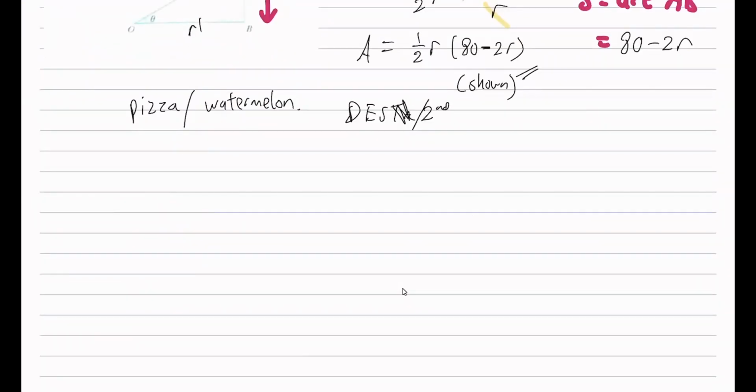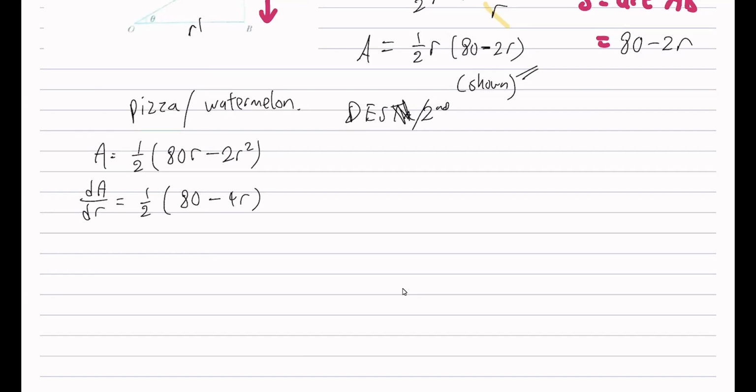So A equals to half R times 80 minus 2R. I don't want to use product rule, so I'm just going to expand this. I'll get 80R minus 2R squared. So dA by dR will be half, factor out, differentiate term by term. So 80R, you get 80; 2R squared, you get minus 4R.